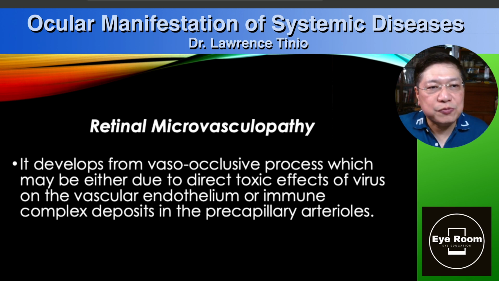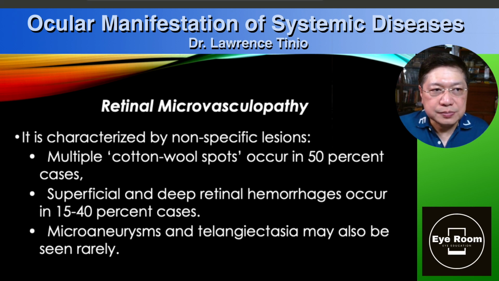It develops from occlusive processes. Some of the blood vessels become blocked, and usually it's because of the toxic effects of the virus on the blood vessels themselves. And some of the immune complexes would coalesce and be deposited on the precapillary arterioles.